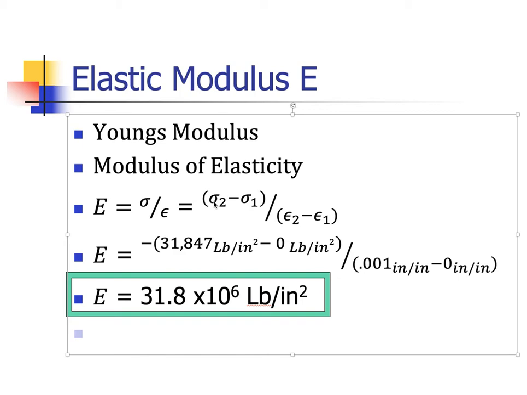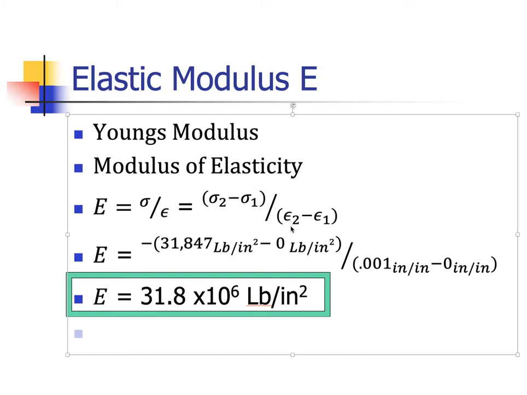That is stress 2 minus stress 1. Now, if you pick 2 points on that graph, we did a calculation at 31,000 pounds per square inch. And then if we pick 0 as the other point, it makes it easy, right? So 31,000 pounds per square inch minus 0, that's 31,000.